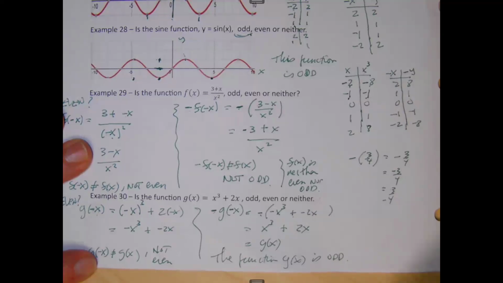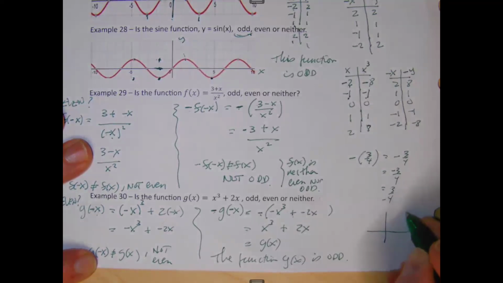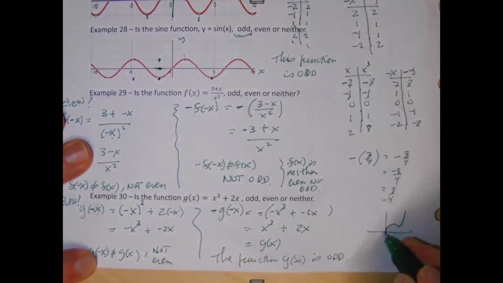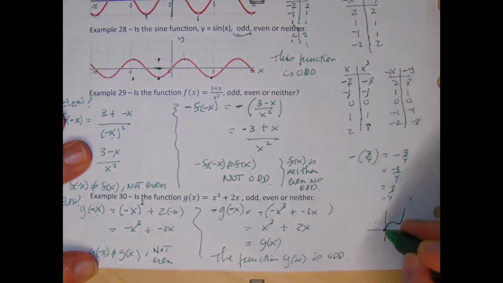And what does that tell me? That all of a sudden, if I were to graph it, whatever this looks like, let's just say, for argument's sake, it looks like this, just for fun. That means on the other side, imagine these points could flip across, down, flip across, down.